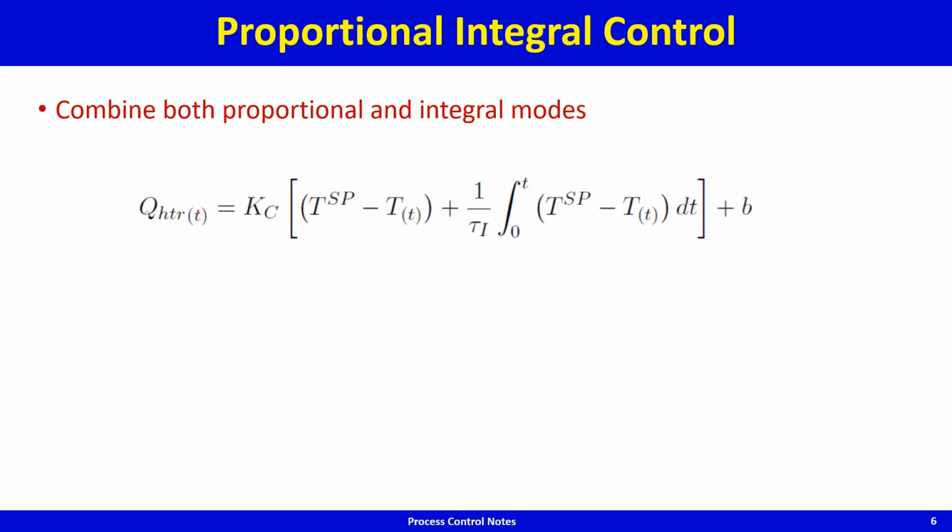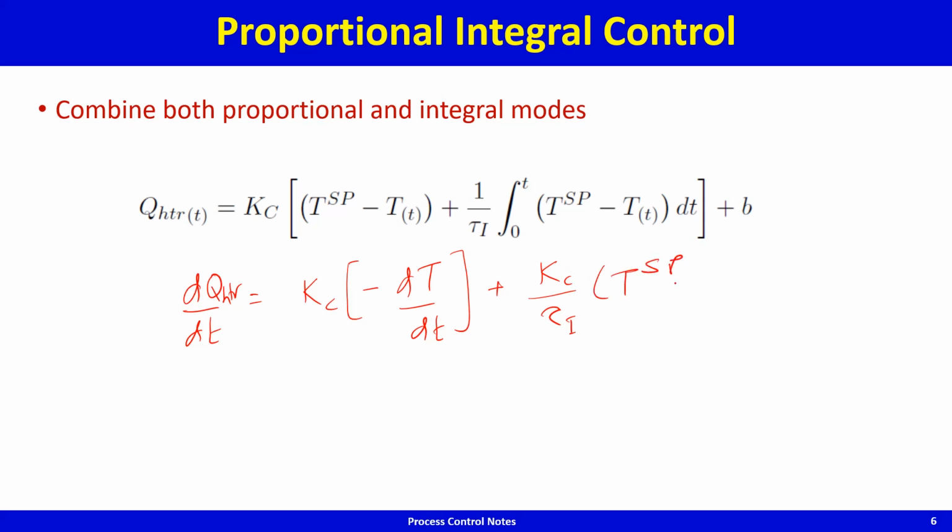And you can differentiate both sides of the equation, and then you'll get dQ by dt is equal to dQ HTR, Kc times set point of the temperature is constant minus dT by dt, plus Kc by tau I times derivative of integral, they cancel each other, T set point minus T, derivative of a constant is again 0. So this is the velocity form of the control algorithm.